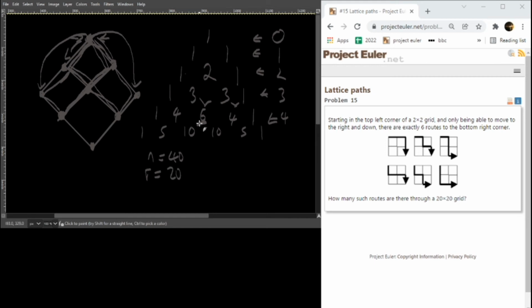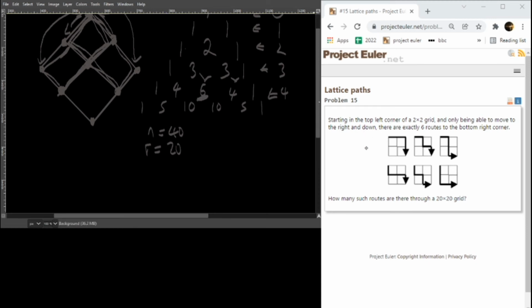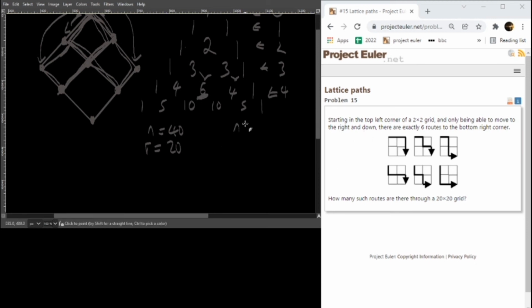Now there is a formula for finding a specific number in Pascal's triangle. I'm going to show it to you right now. So it's n factorial divided by r factorial times n minus r factorial. So let's try and find this 6. We know that this is the fourth row, and it's the 0, 1, 2, second value, all 0 indexed. So it's the fourth row, second value.